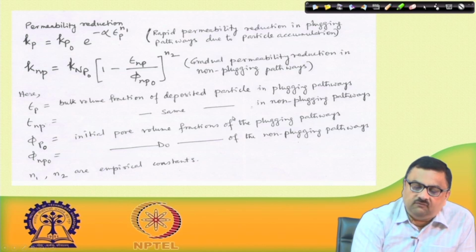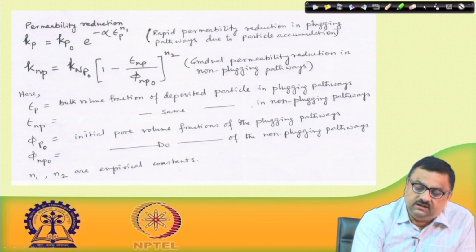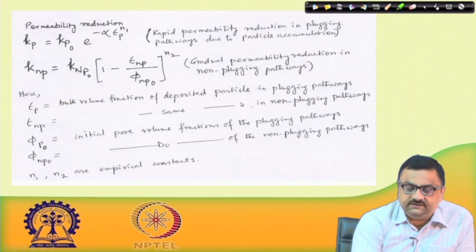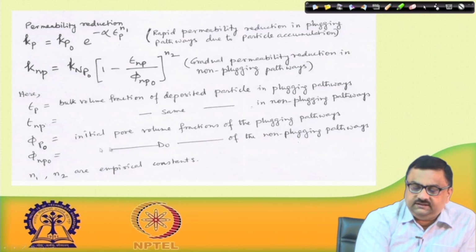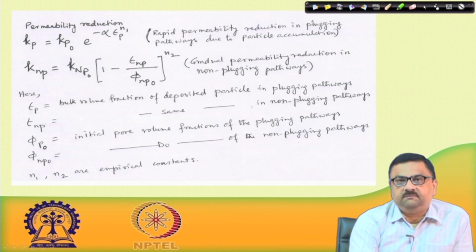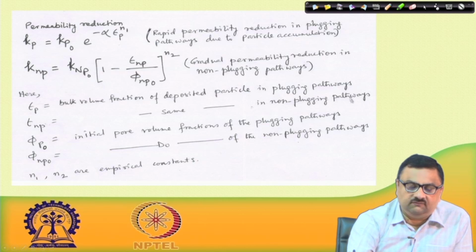If phi is the porosity, and phi is the initial pore volume fraction of the plugging pathways, then this epsilon P must be against the total volume.